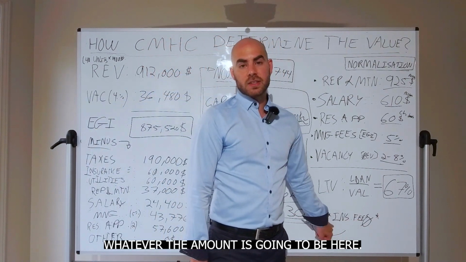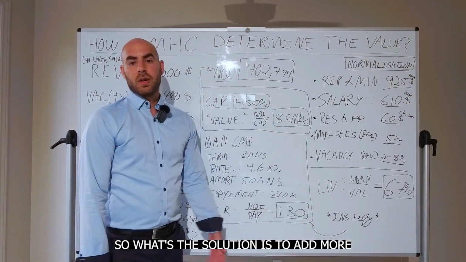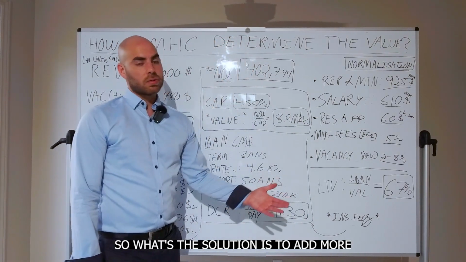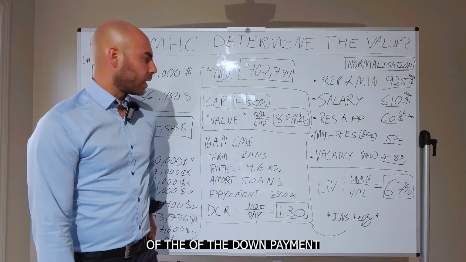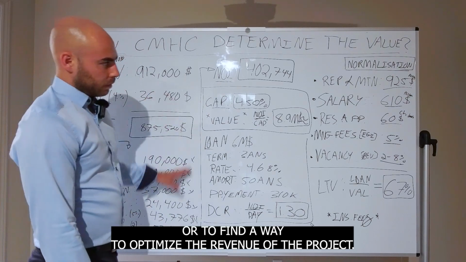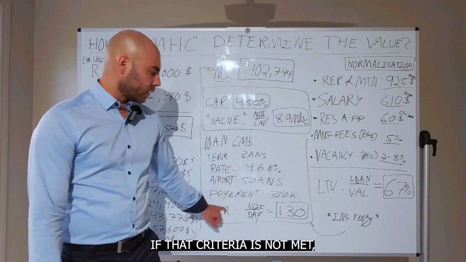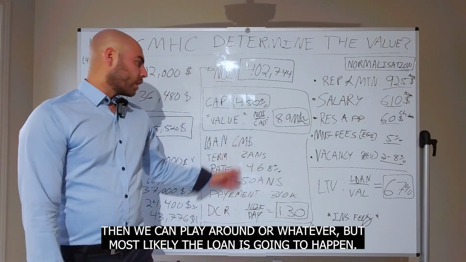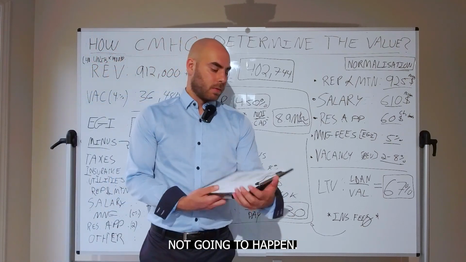Whatever the amount is going to be here, we were already flush here. So what's the solution? Is to add more of the down payment, or to find a way to optimize the revenue of the project. If not, if that criteria is not met, and we can play around or whatever, but most likely the loan's not gonna happen.